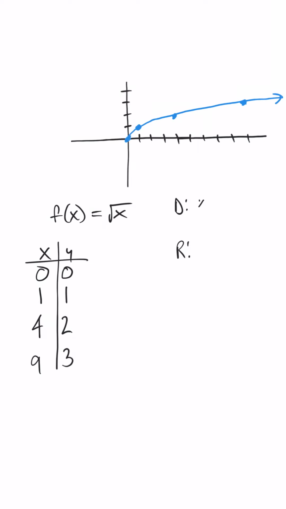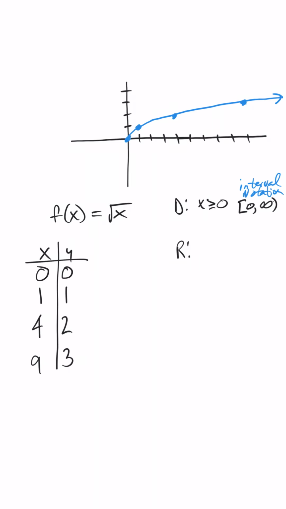So it could be expressed as x greater than or equal to 0, or in interval notation, it would be expressed as bracket 0 to infinity and then a parenthesis at infinity.